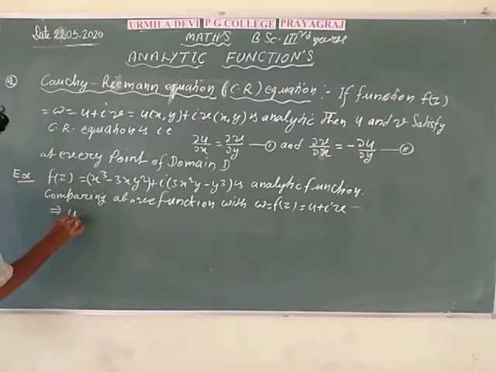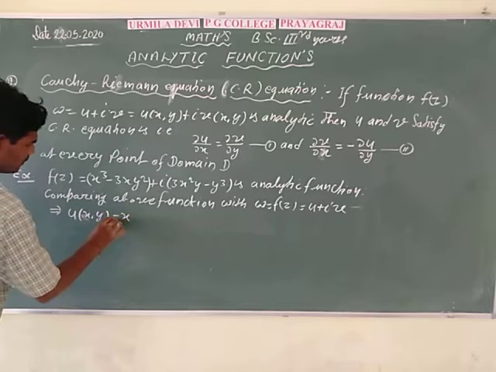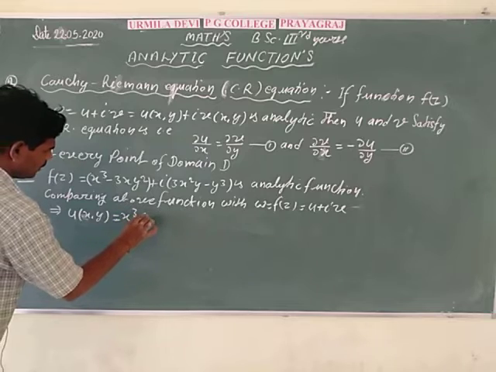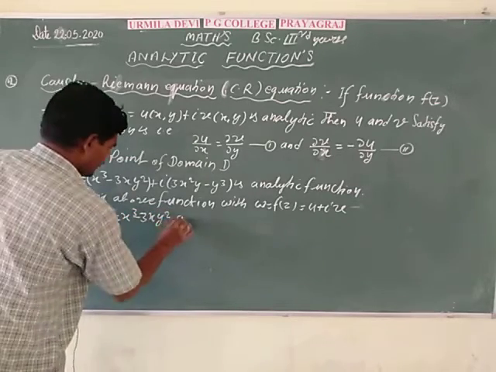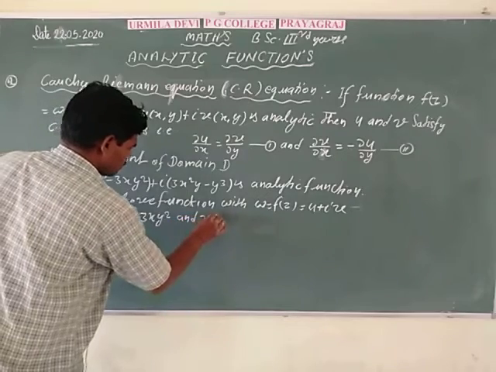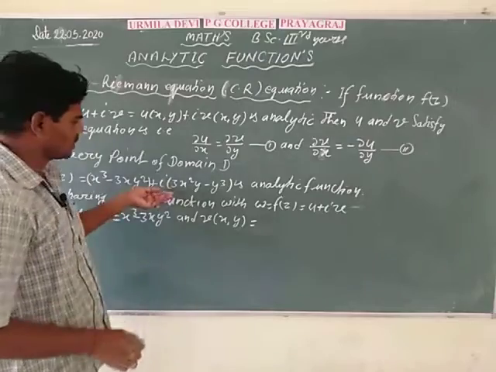Comparing with w is equal to f(z) is u plus iv, it implies u, the function in x, y, is equal to x cube minus 3xy square, and v, also a function in x, y, is equal to the coefficient of i.